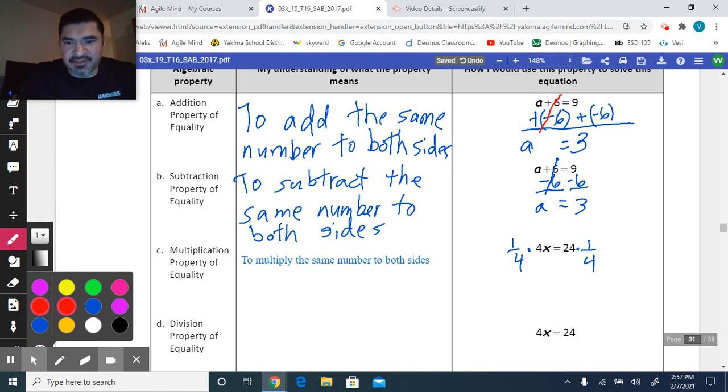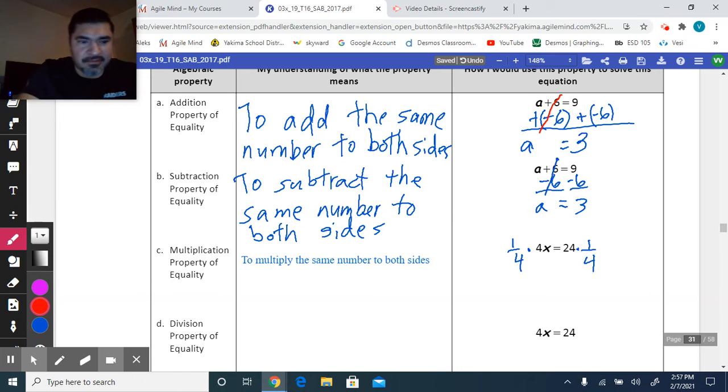Okay, so what happens here is I end up with 1 times 4, which is 4. And I'm going to put a 1 here just to make it a little easier, because 4 is the same thing as 4 over 1. Okay, but just so you guys can see this a little clearer, 1 times 4x is 4x. 4 times 1 is 4. Equals, and again, I'm going to put a 1 here.